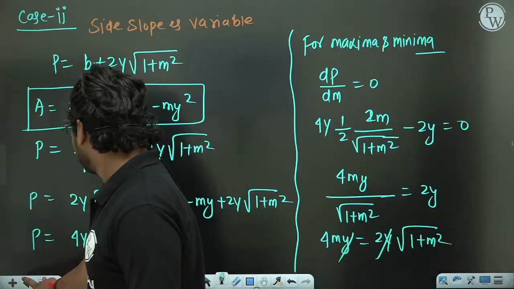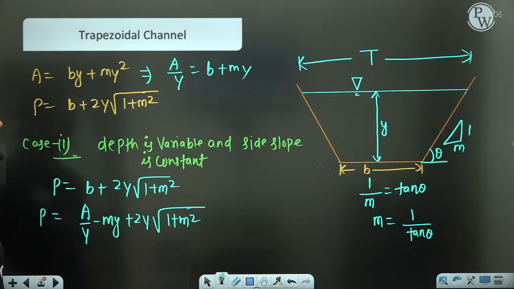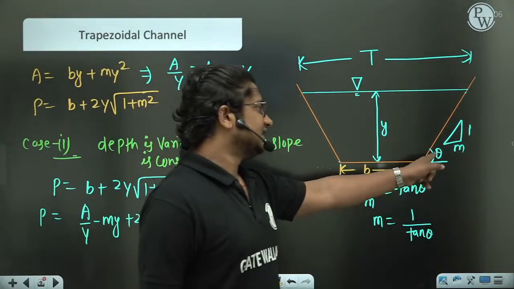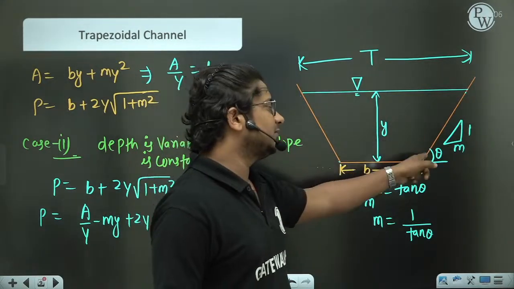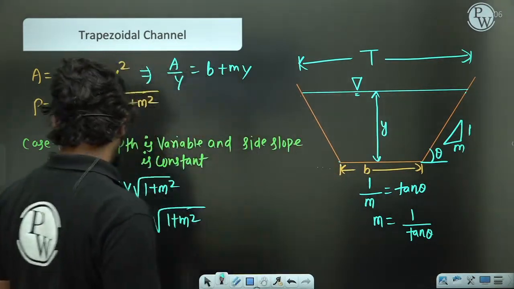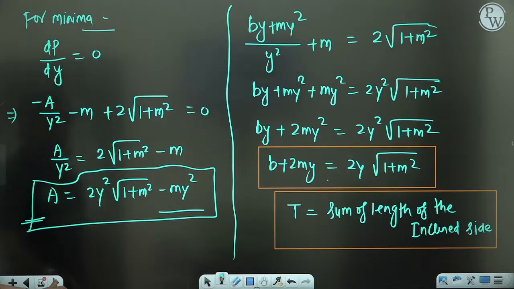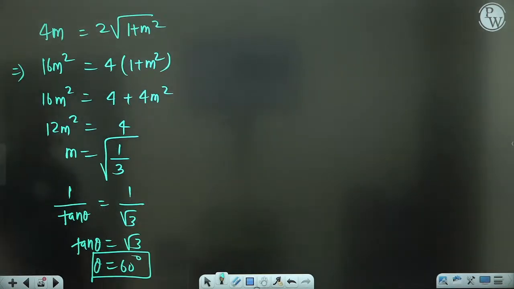So if you go to the back slide, don't worry, I will give you time to note it down. This theta will be 60 degree for the hydraulic efficient section. And m value will be nothing but equal to 1 by root 3. I hope it is clear to all of you.